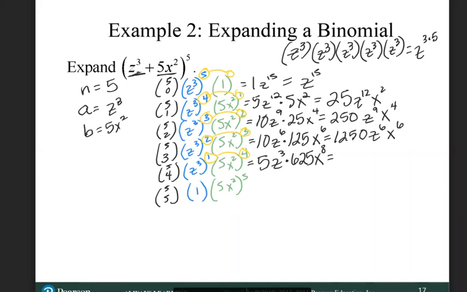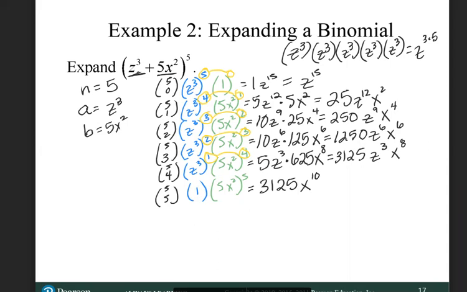I'm going to verify it on a calculator. 3125 z to the 3rd x to the 8th. 5 choose 5 is 1 times 1 times 5 to the 5th, which is really what we just calculated when we did 5 to the 4th times 5. So that's 3125 x to the 10th. You can verify it on your calculator. Absolutely. 5 to the 5th is 3,125.